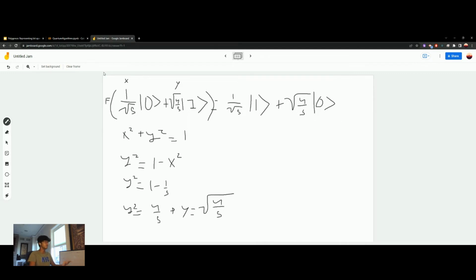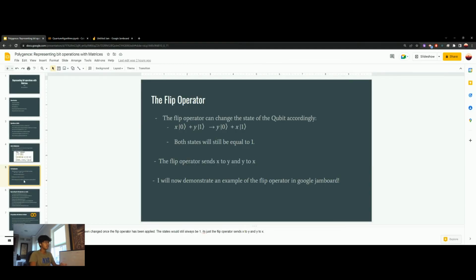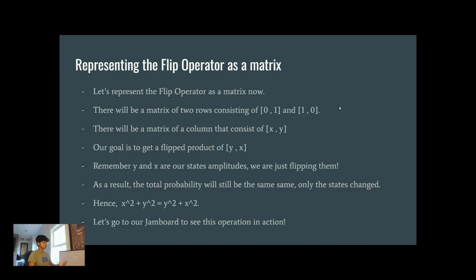But now, if we move on to the next one here, we want to try to explain the flip operator as a matrix, right? So to represent it as a matrix, there will be a matrix of 2 rows consisting of 0 and 1 and 1 0, right? Just 2 rows. And then there will be a matrix column that is just x and y, right?